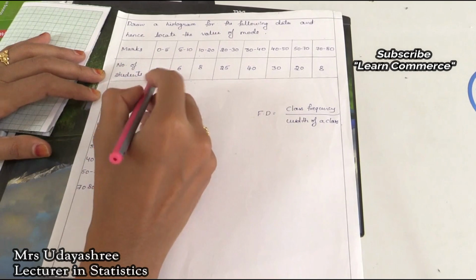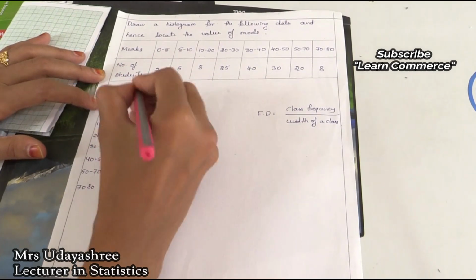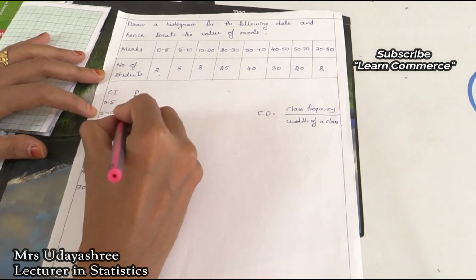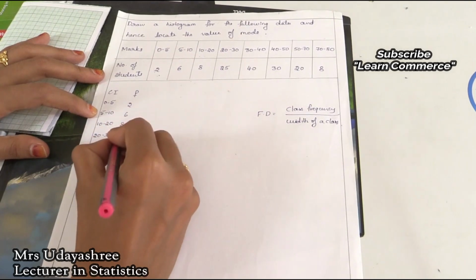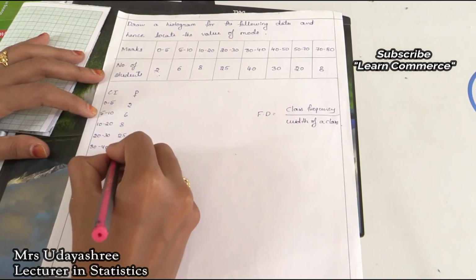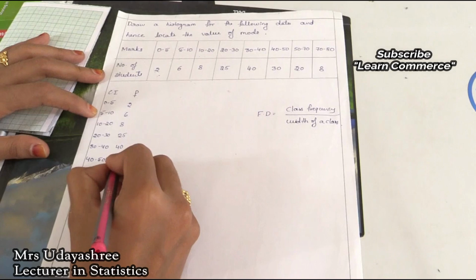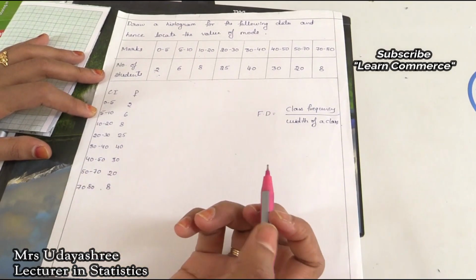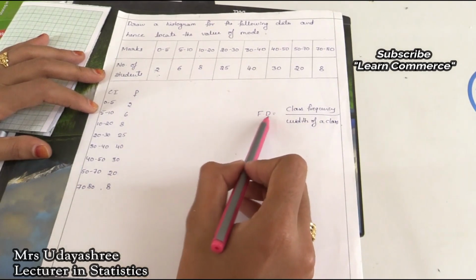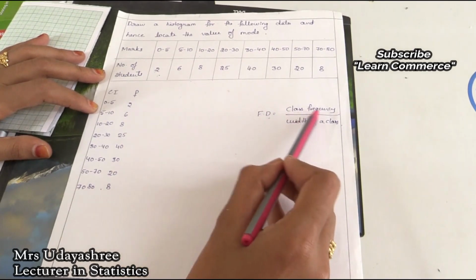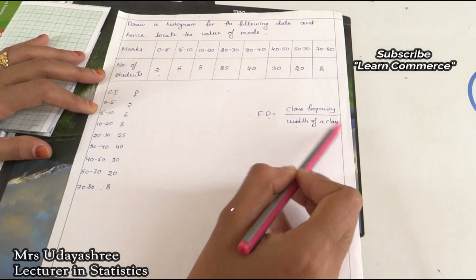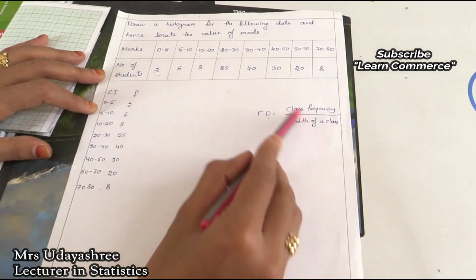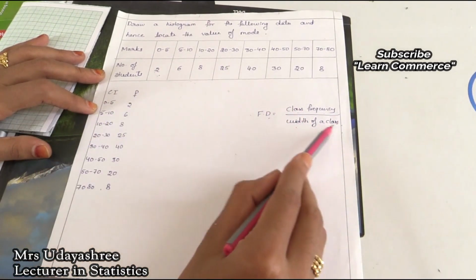Then for the corresponding frequencies, I will write f: 2, 6, 8, 25, 40, 30, 20 and 8. See the formula for frequency density: class frequency divided by width of a class. Class frequency is there and we need to find the width of a class.